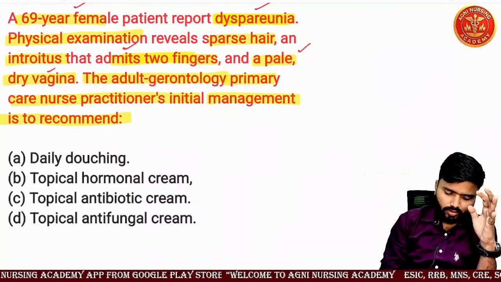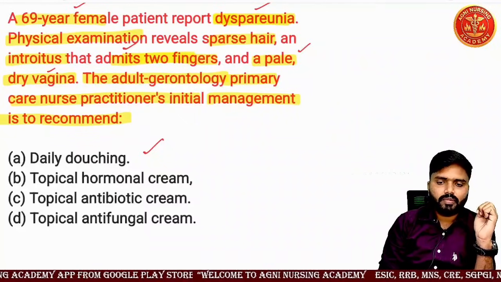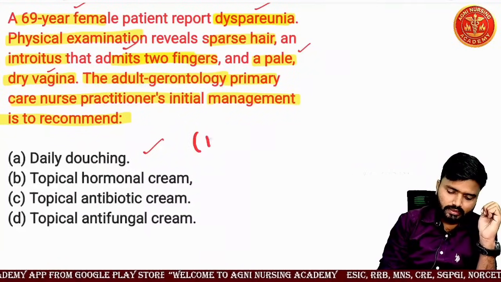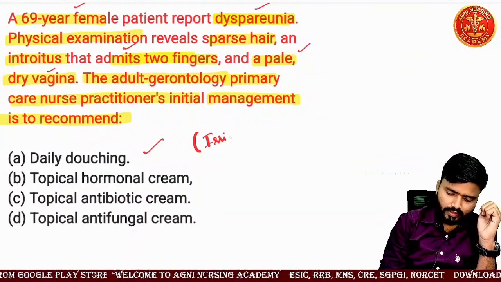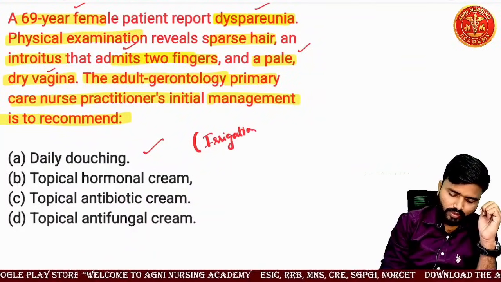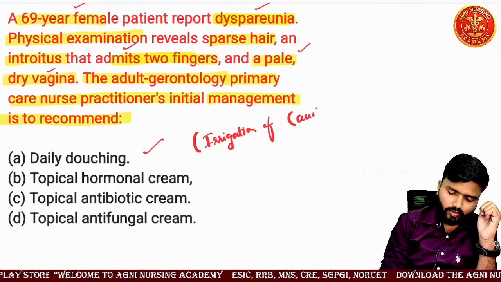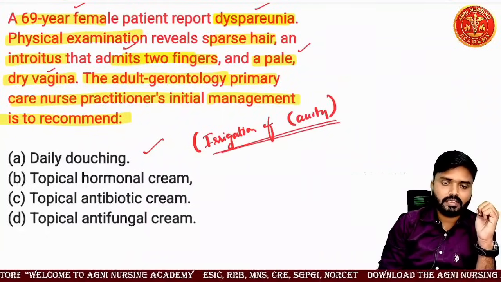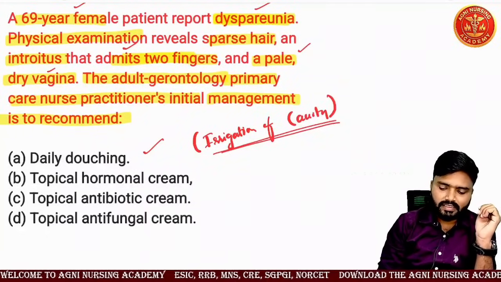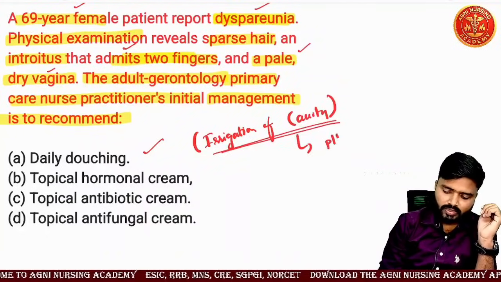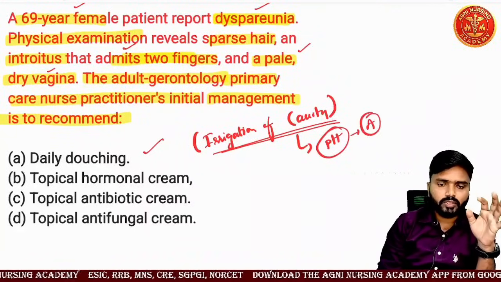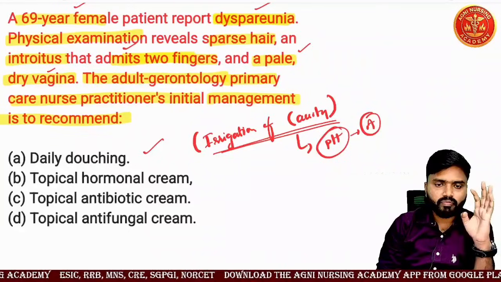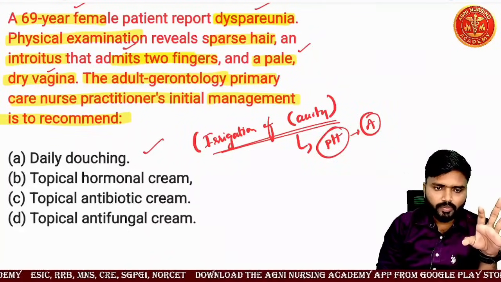Daily douching: what is the meaning of douching? It is irrigation of the uterine cavity. Understood? Normally the pH of the vagina and female reproductive system is acidic, so infection is less in the female body.